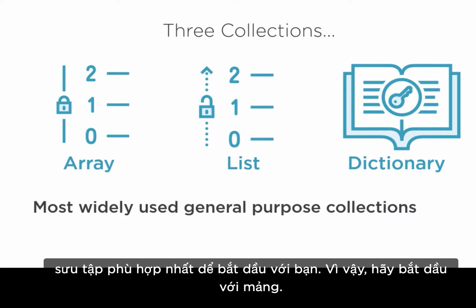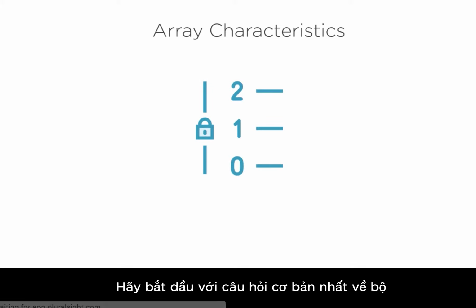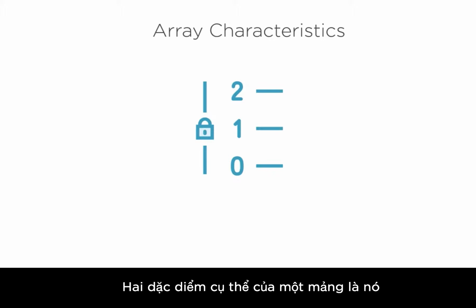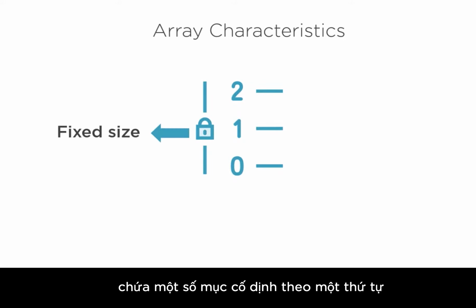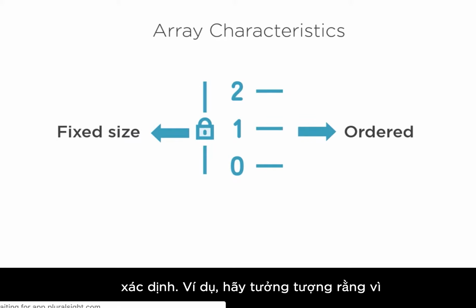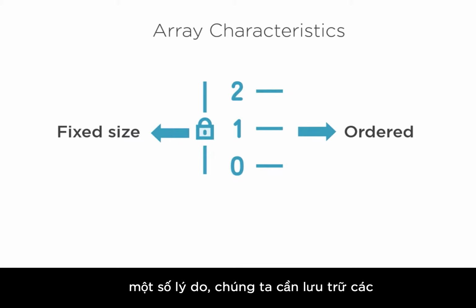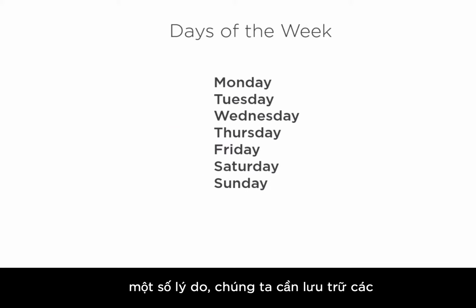So, let's get started with the array. The two particular characteristics of an array are that it contains a fixed number of items in a definite order. As an example, imagine that for some reason we need to store the days of the week.